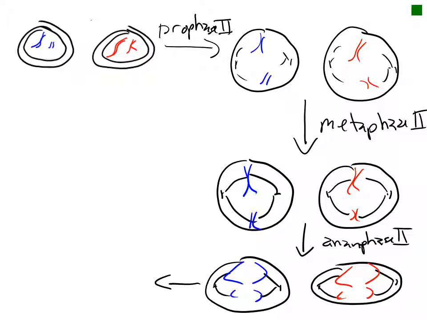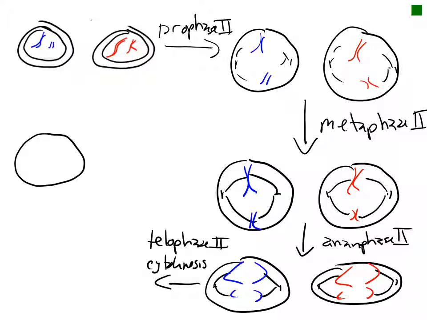The division will complete during telophase 2 and cytokinesis, in which each one of the two cells at anaphase will be divided and nuclei will reform.